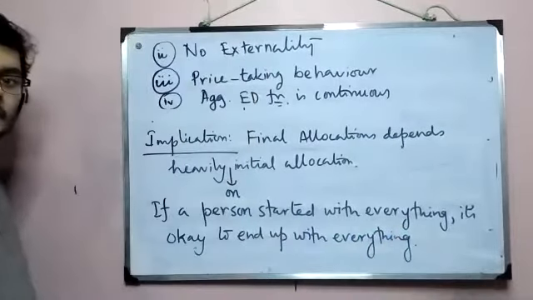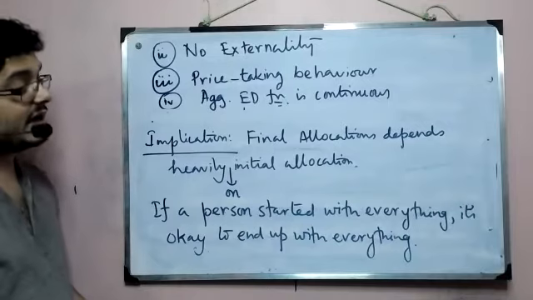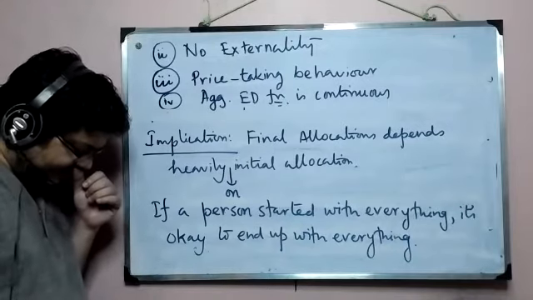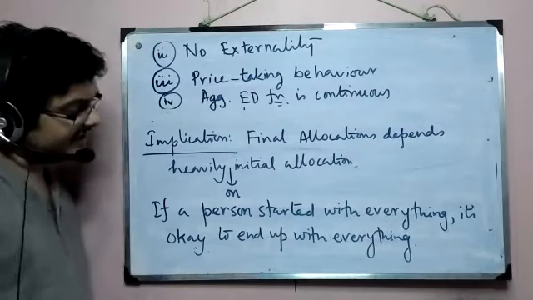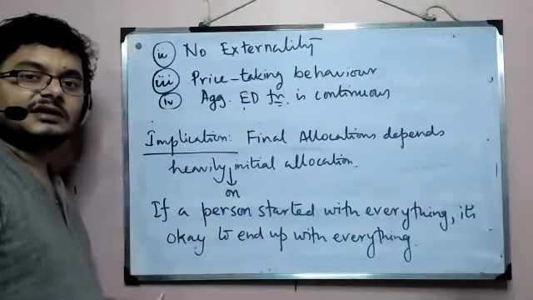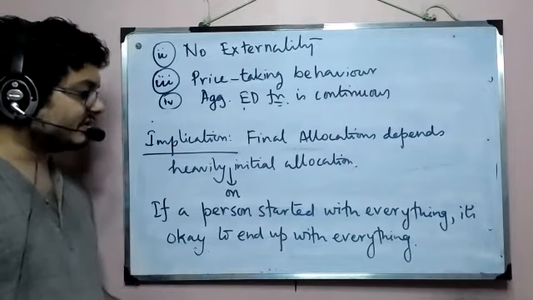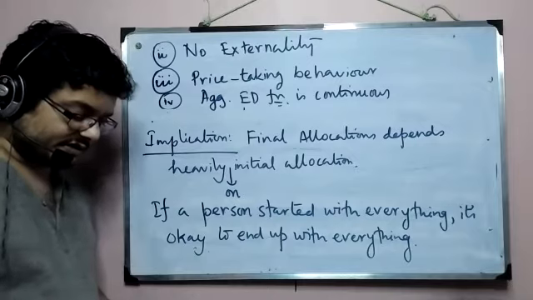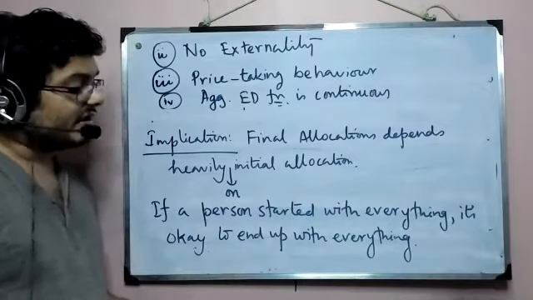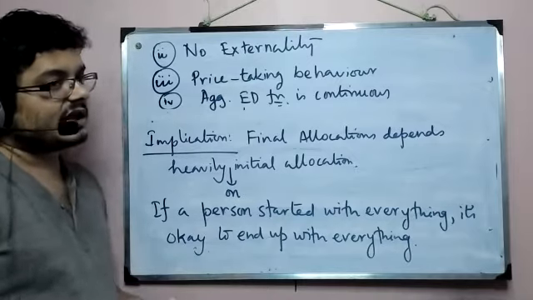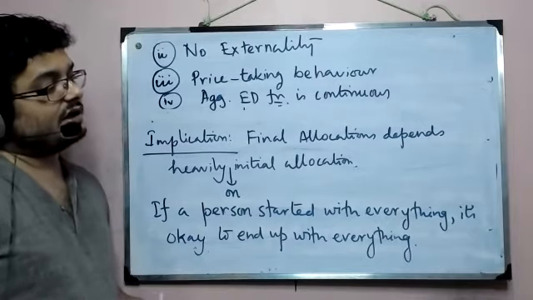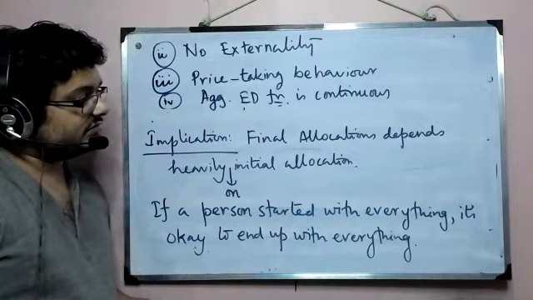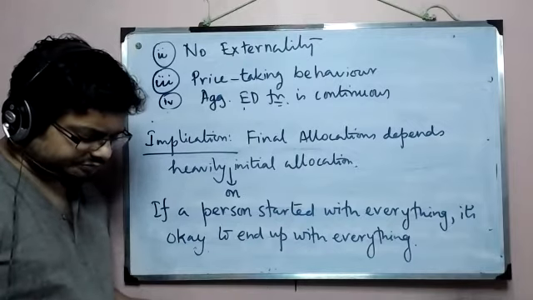Right? It's okay to end up with everything. That's what it says. And that is not really good. I mean, that's what our sense will say, right? That independent of whether we can prove things or not, if someone owns everything at the efficiency point just because he owned everything in the start, that's not very good.